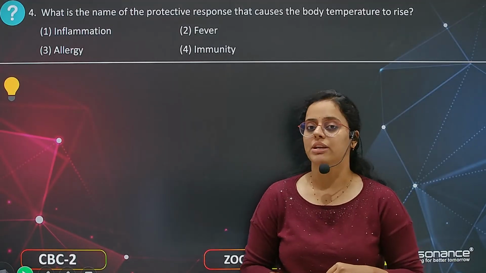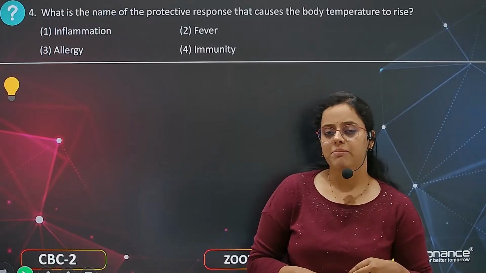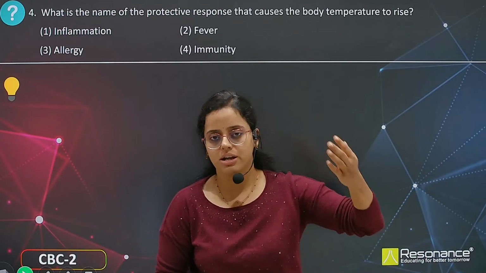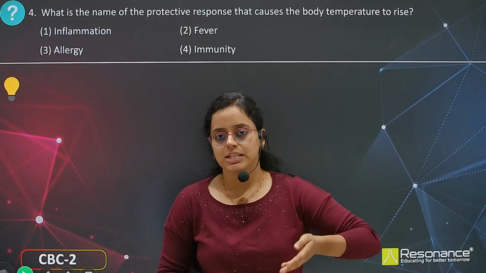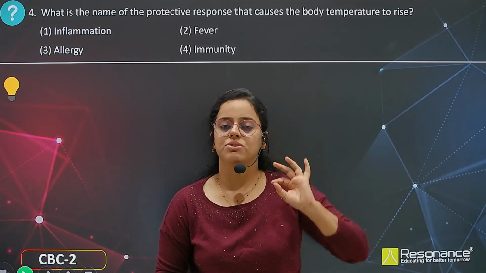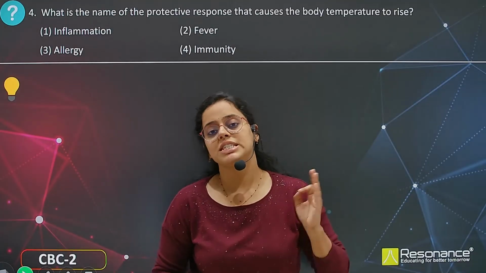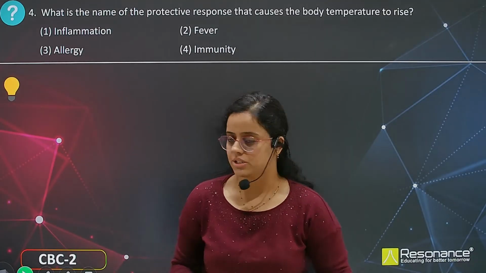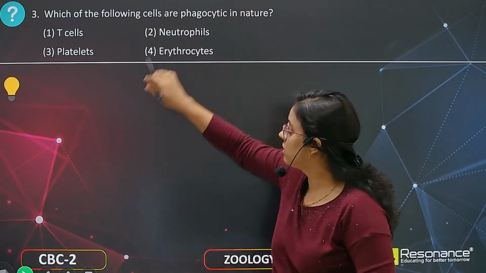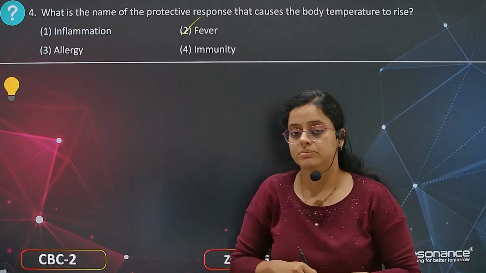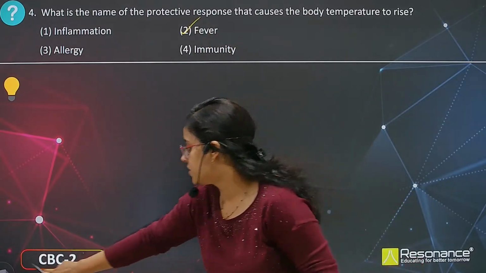Now this is the normal temperature. When the normal temperature elevates, which means it becomes 99 or 100, then there is a rise in temperature, which is called fever, a sign of inflammation. So here the answer is going to be fever.